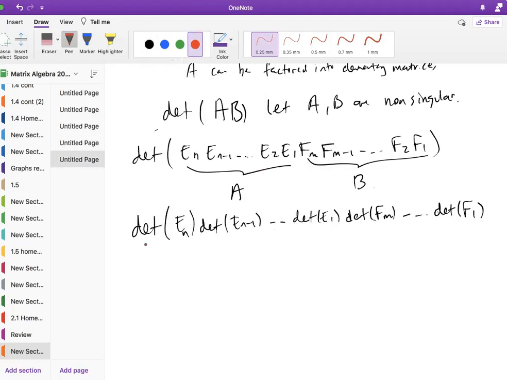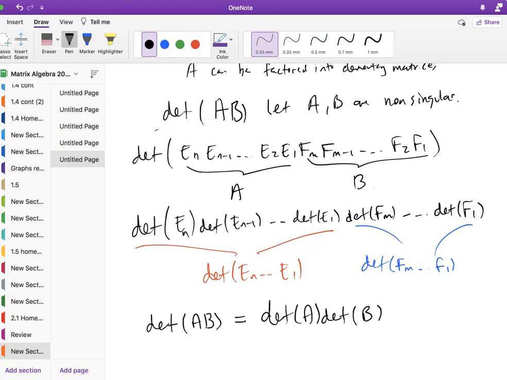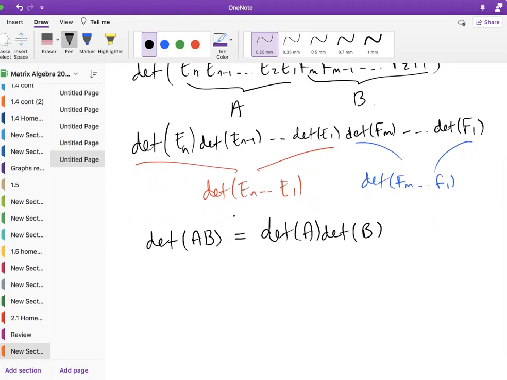So now we can go back to the determinant of E_n to E_1 and the determinant of F_m to F_1. So this makes the determinant of A and the determinant of B. So that's just if they're non-singular, right? Okay, does that make sense?